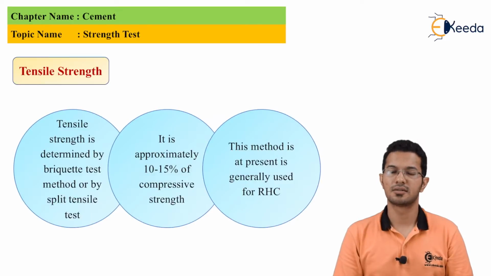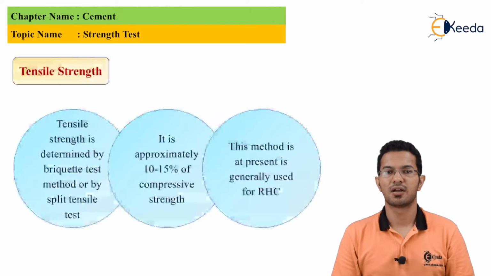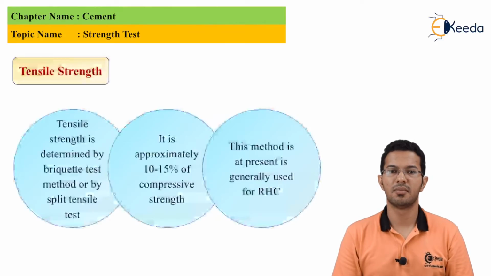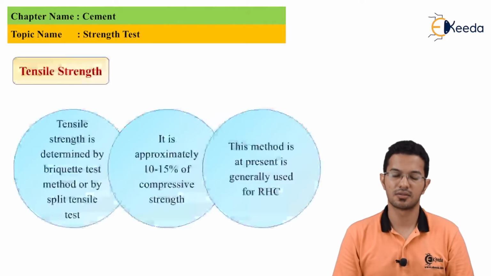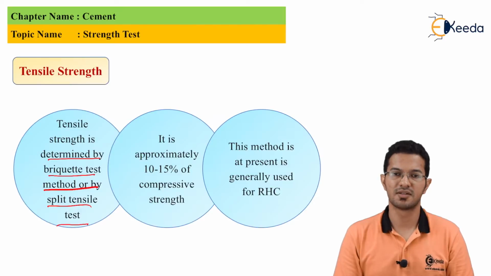Now, let us look at tensile strength. It is important for concrete having low tensile strength. We have to check for the minimum load that is safe for the concrete. The tensile strength is determined by the briquette test method or by the split tensile test. It is approximately 10 to 15% of the compressive strength.